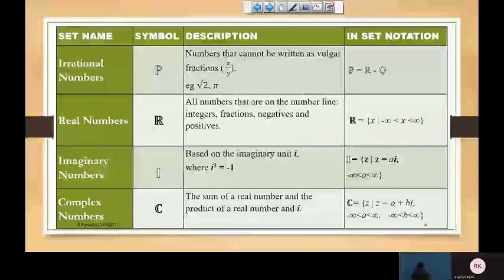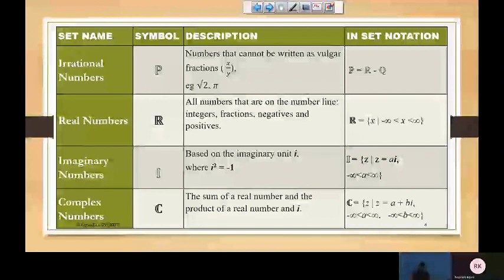Imaginary numbers. And then finally we have complex numbers, which we said are numbers made up of a plus b times I, where a and b are real numbers and I is an imaginary number.